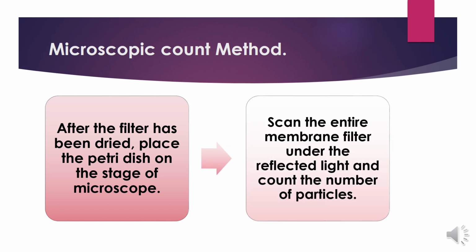And you have to scan the entire membrane filter under reflected light and count the number of particles. So by using that specific microscope you have to scan the entire filter, so that any particles there will be scanned and detected by your microscope, and you can also count their number for confirmation.